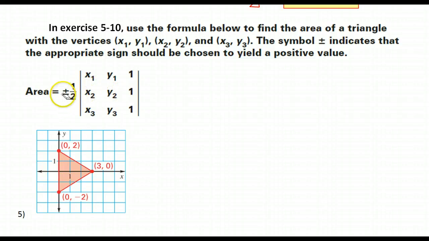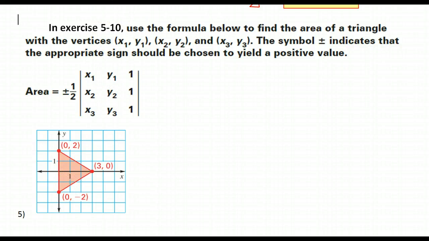The plus or minus is just there to make sure our answer is positive. You can't have a negative area. So if the determinant is a negative, then multiply by negative 1/2, it'll be positive. If the determinant turns out to be a positive number, then just multiply by positive 1/2, it'll stay positive. Just make sure your final answer is positive.